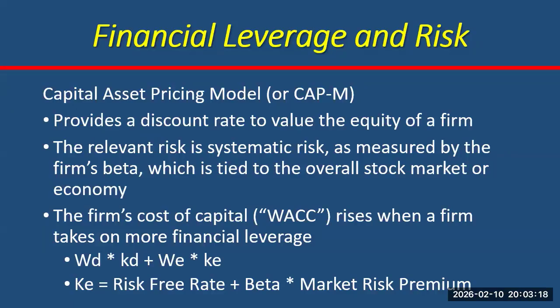Those are the risks that every stock is exposed to. How is that measured? It's measured by beta. So the relevant risk, William Sharpe said, there's one risk of the two that's relevant when you value a stock, and it's the systematic risk.